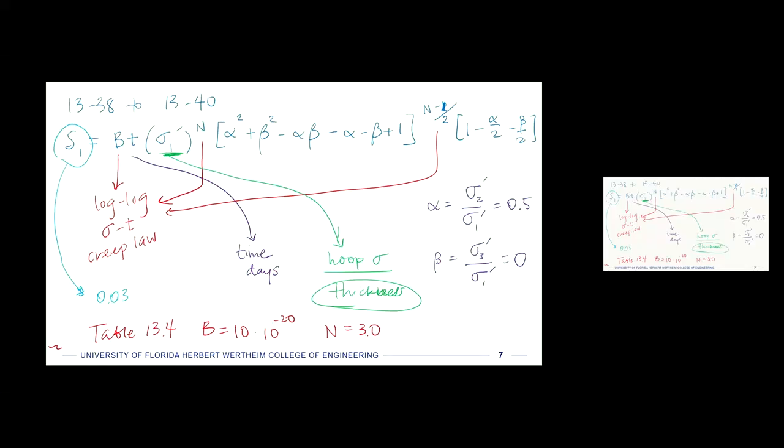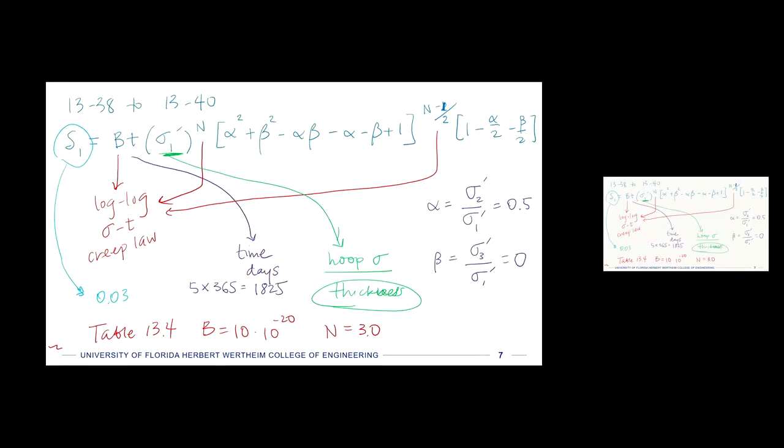Okay, so that gets those two things out of the way. Our time in days, we had 5 years, so 5 times 365, 1,825 days. Okay, so that's what goes in there.